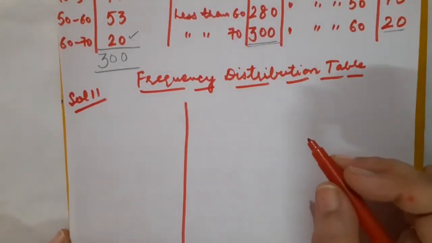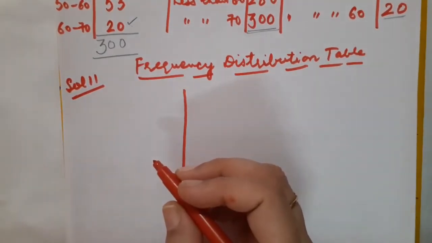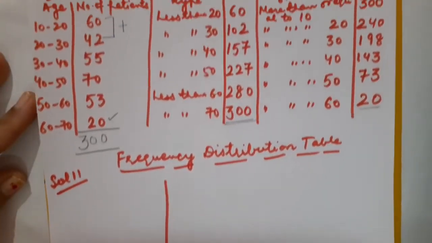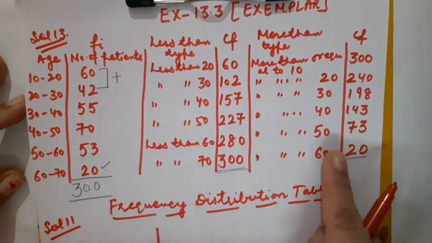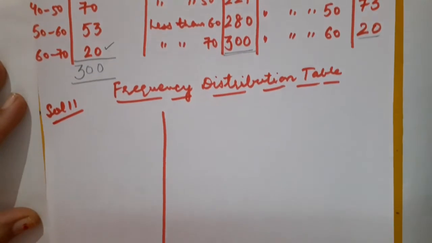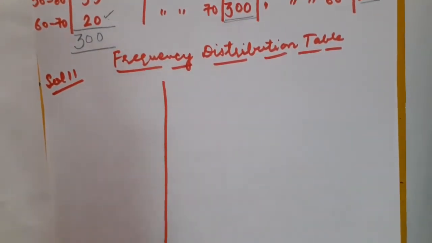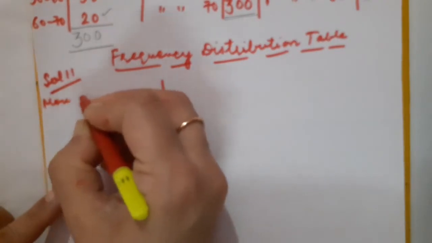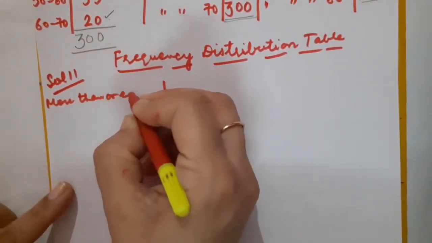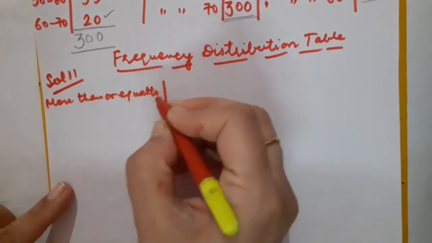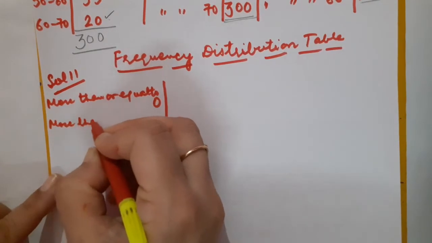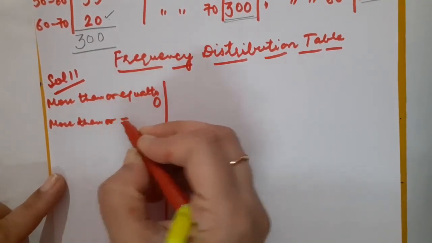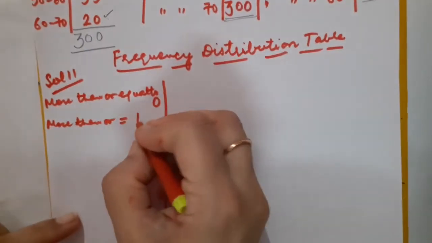But it is given in descending order, like more than or equal to 80, more than or equal to 70. But children, you know, I started with the lowest value. We moved from 10, 20, 30 like this. Okay, so I am just going to arrange the data. I am going to start with more than or equal to 0. Correct? Now next is more than or equal to 10.